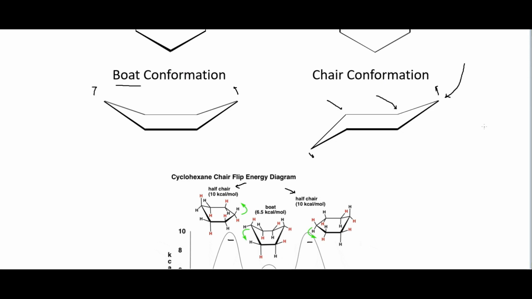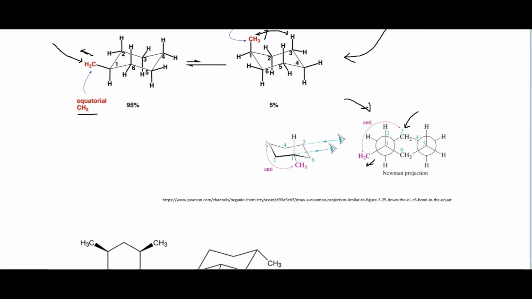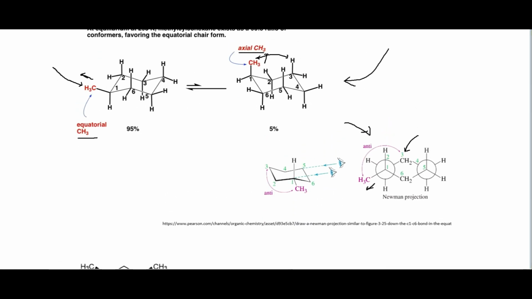And so just knowing that the chair conformation is the most stable, and that the larger substituents always want to be equatorial, because that's going to be important for the conformation that these things take, and then the reactions that these rings will be allowed to engage in.